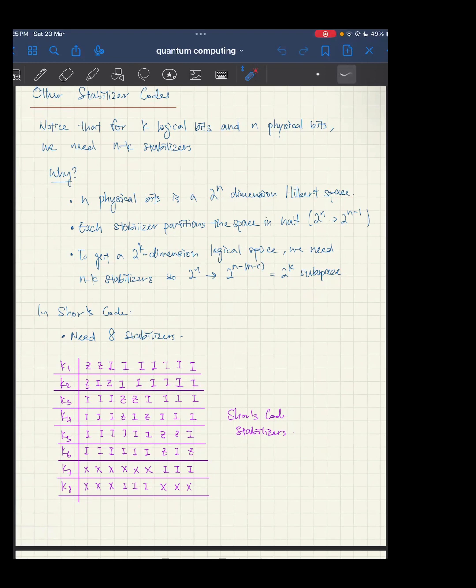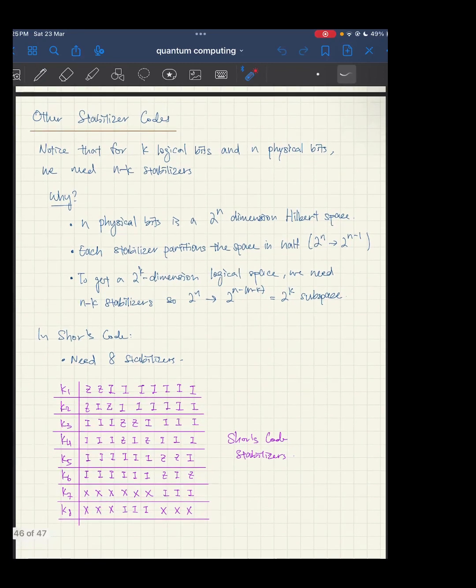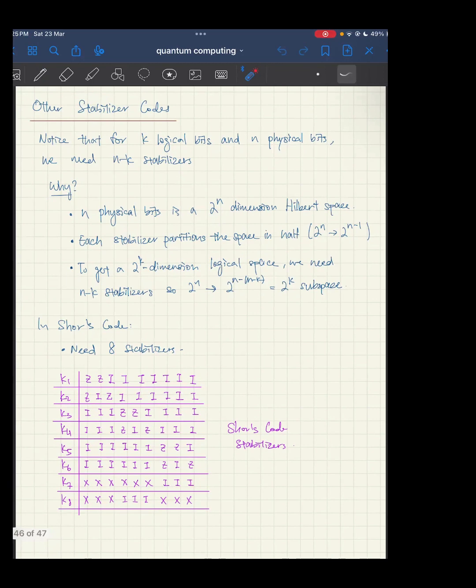And maybe as an exercise, you can check that the +1 eigenstate vectors are precisely what is shown in the Shor code, which is the threefold tensor of 0, 0, 0 plus 1, 1, 1, as well as the threefold tensor of 0, 0, 0 minus 1, 1, 1.